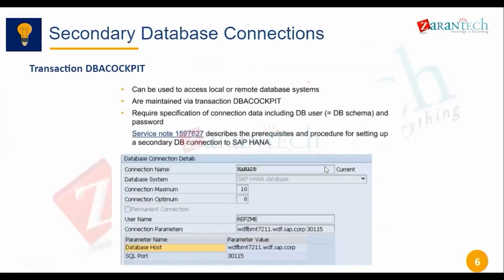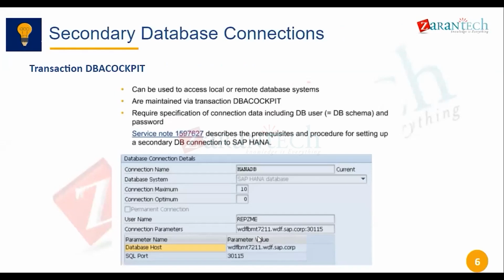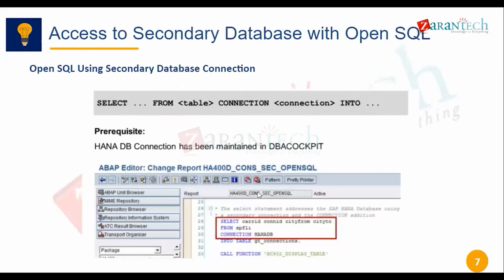Once this connection is set up and you have tested it successfully, you can go back to your report. In the screenshot, I opened the same report, and here I am explicitly specifying the connection I created in the previous screenshot. You can see the connection name is HANA DB, right? Inside the program, I am explicitly specifying that when doing a select query on these tables, instead of going to the primary by default, please go to the secondary connection which I have just created.